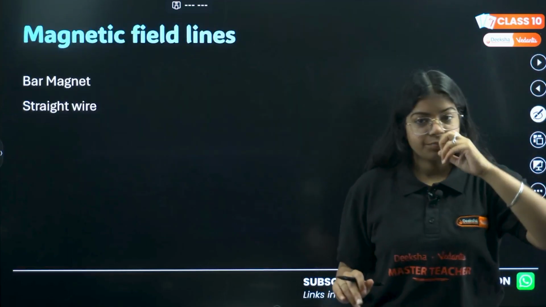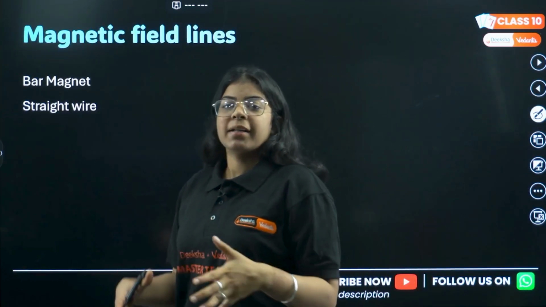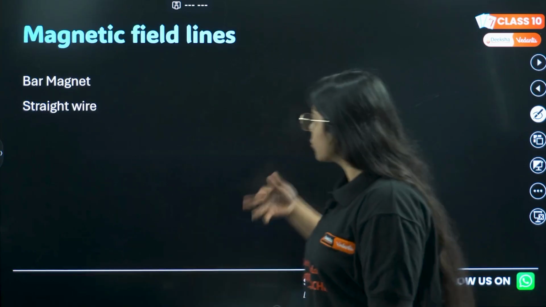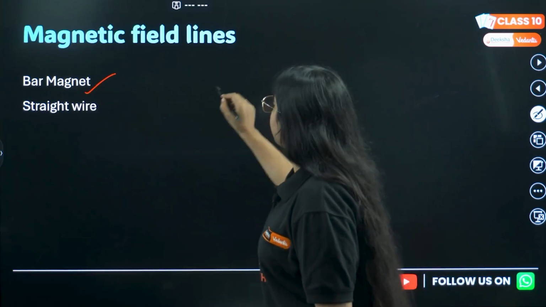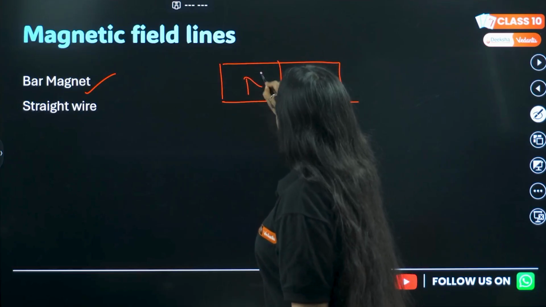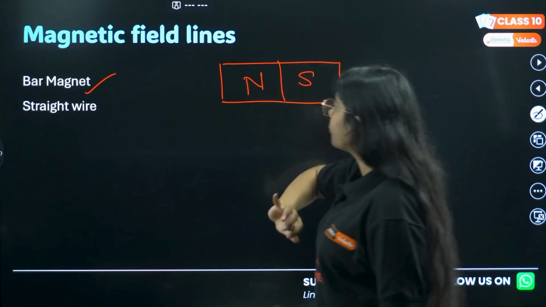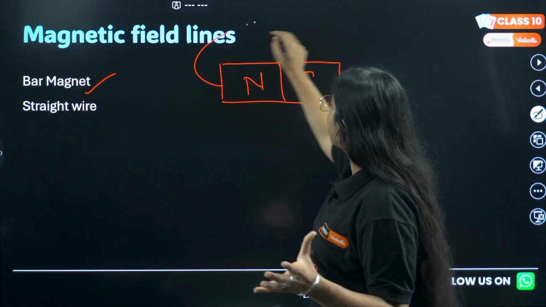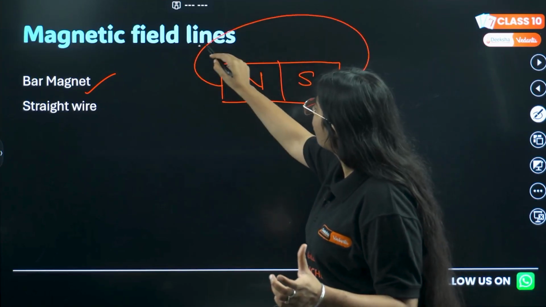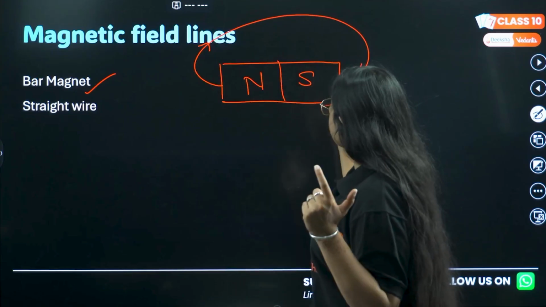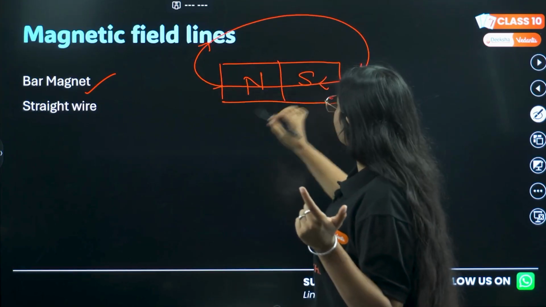So they will never intersect. Now we need to study magnetic field lines of different types of magnets. Let's take just a bar magnet as an example. These are two parts of my bar magnet, a north pole and a south pole. What did we learn? The magnetic field lines will travel from north to south outside, and inside the magnet they will go south to north.